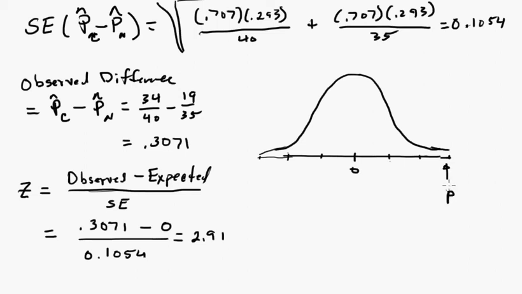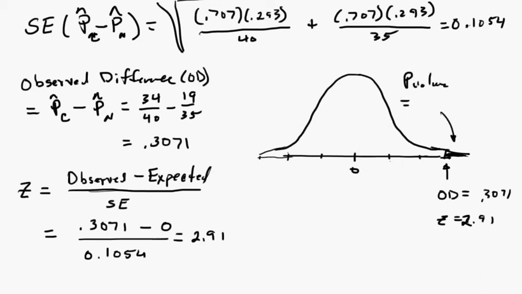So the observed difference, OD, is equal to 0.3071, and z is 2.91. Now the question is, what's the p-value? We can already guess that it's probably going to be small.